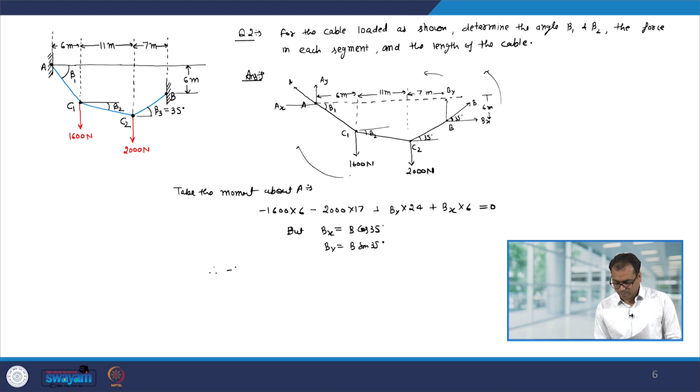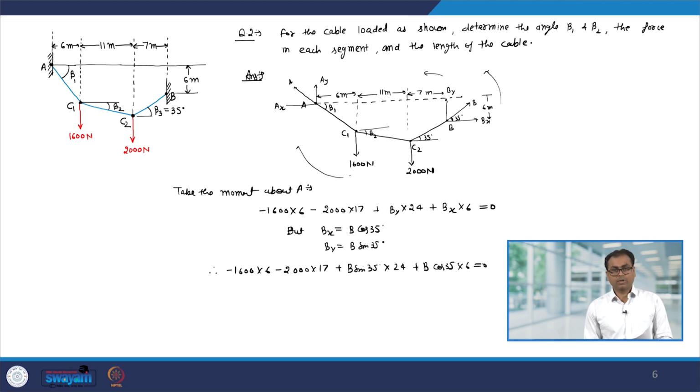Therefore, I have minus 1600 into 6 minus 2000 into 17 plus B sin 35 degree into 24 plus B cos 35 degree into 6 equal to 0, and I can find out what is the value of sin 35 and cos 35. I can put it back and find out what is B. So, this gives you B equal to 2334 Newton.